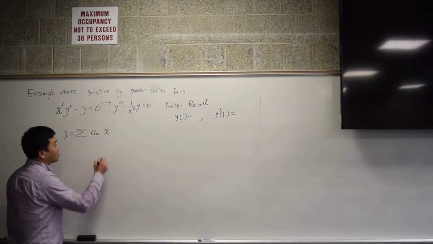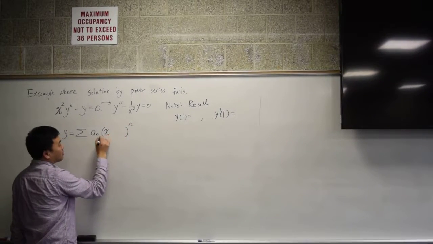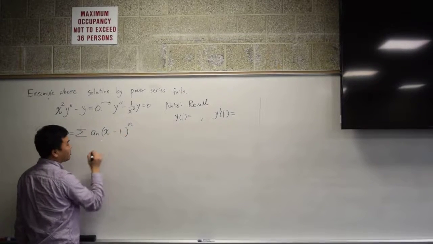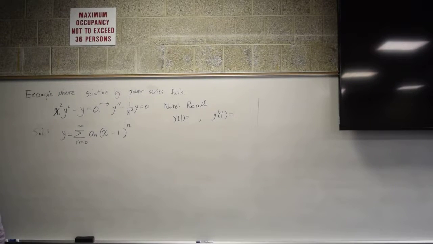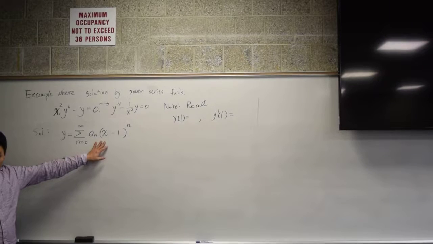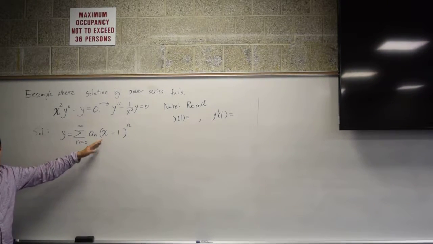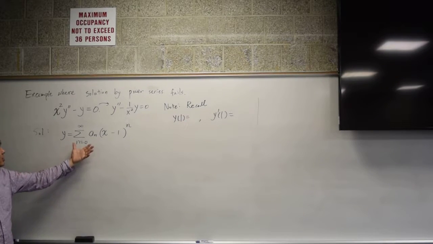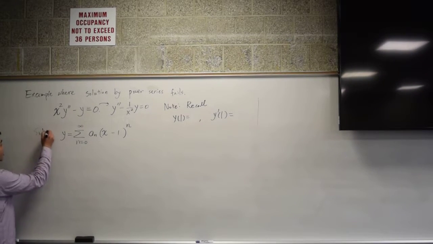Right? So in that spirit, we can do, for example, a_n (x minus 1) to the n, with n equals 0 to infinity. And because x equal to 1 is now an ordinary point, it's possible to plug this into the differential equation and solve. So that's one approach. Okay? So that's approach 1.